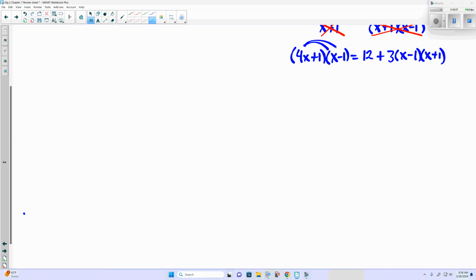Now we need to distribute. 4 times x is 4x squared. 4 times negative 1 is negative 4x. 1 times x is plus x. 1 times negative 1 is negative 1. Well, at this point, we can still do the distributive property. X minus 1 times x plus 1.